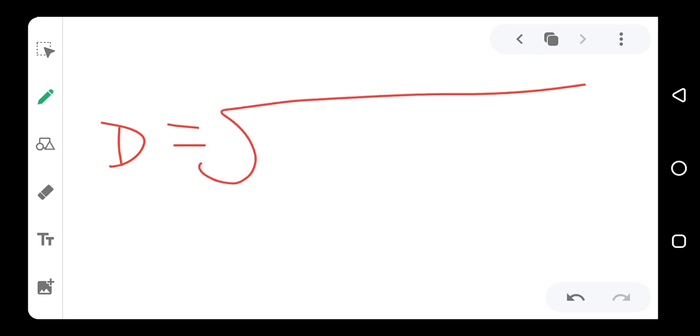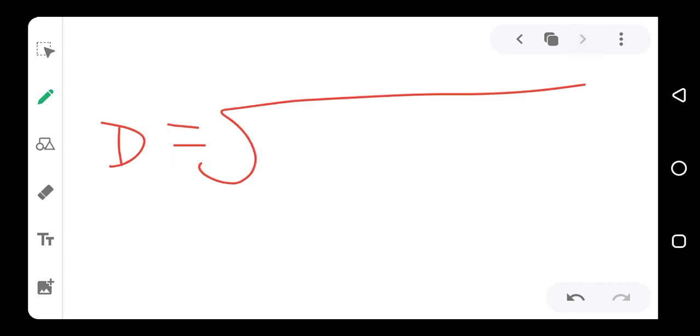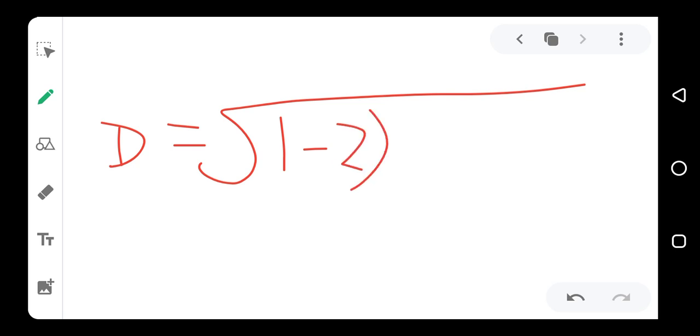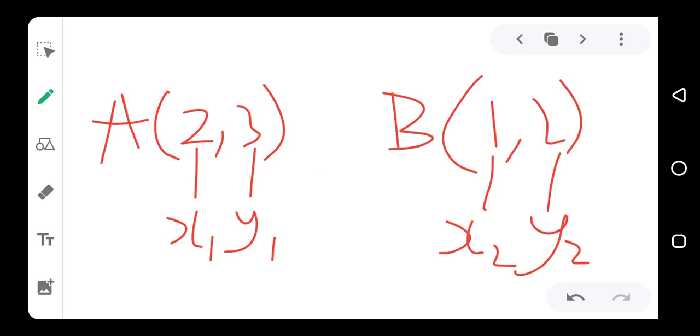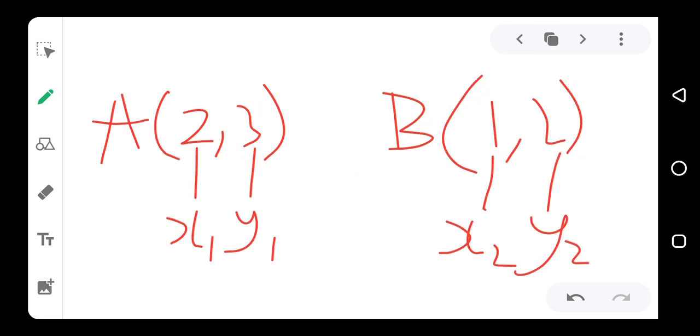So the distance between the two bodies is equal to the root of, what is our x2? x2 is 1. 1 minus x1, and x1 is 2. 1 minus 2, everything squared, plus then our y2, which is 2, minus our y1, which is 3.